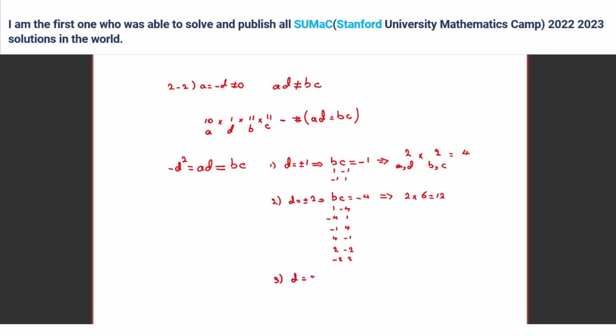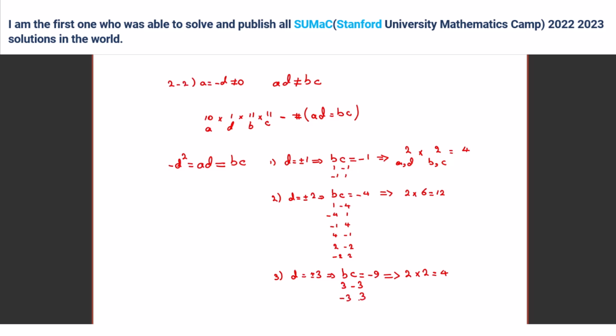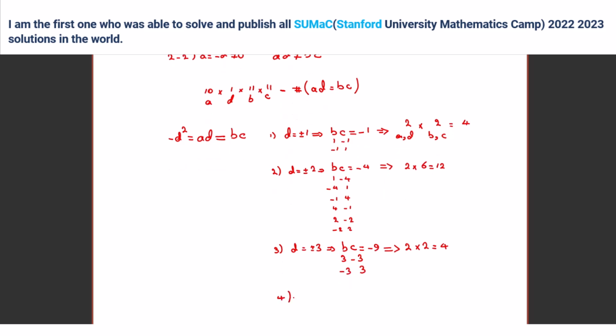Case 3: D is equal to plus minus 3, so BC is equal to negative 9. How many cases do we have here? 2 times 2, it's 4, because 3, negative 3, negative 3, 3. Case 4: D is equal to plus minus 4. So BC is equal to negative 16.